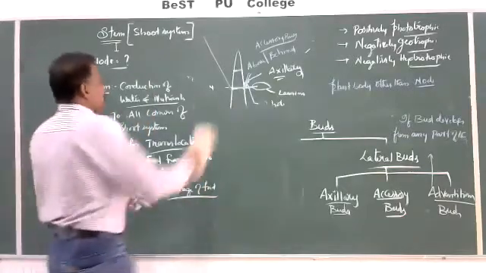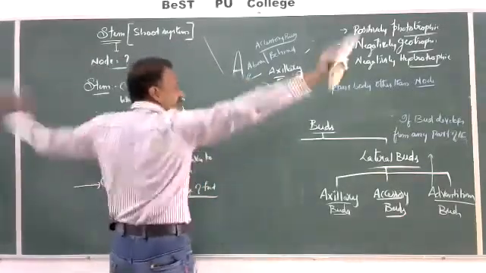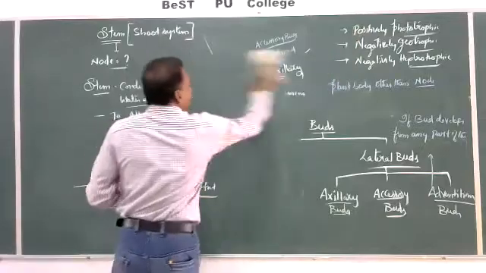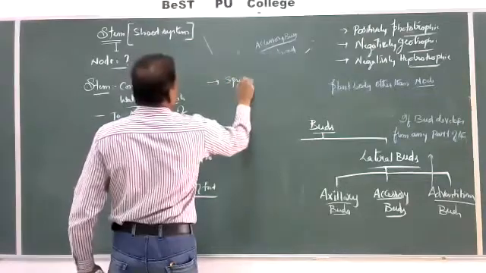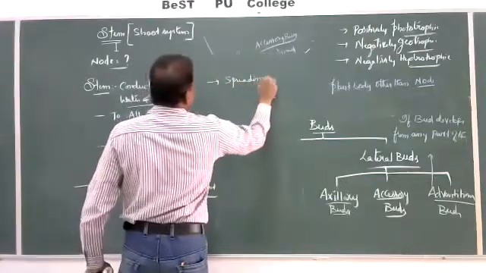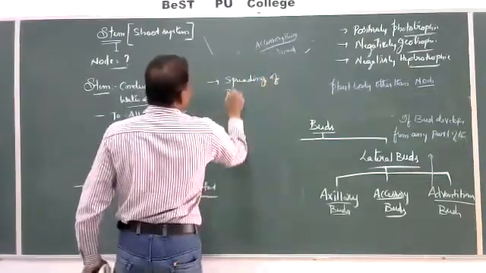Generally, stem is responsible for spreading the branches and leaves properly to the sunlight.